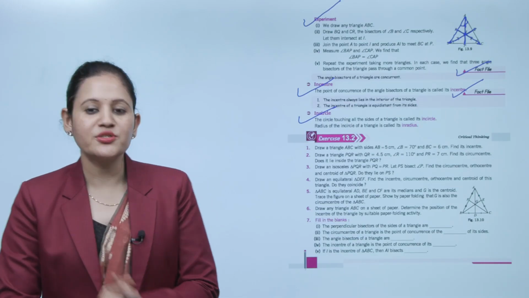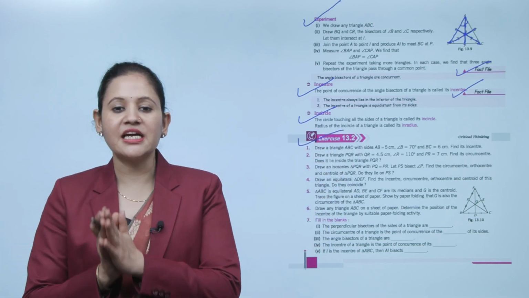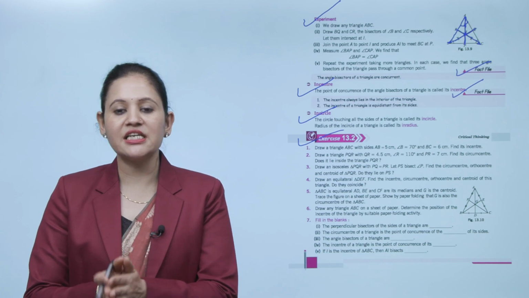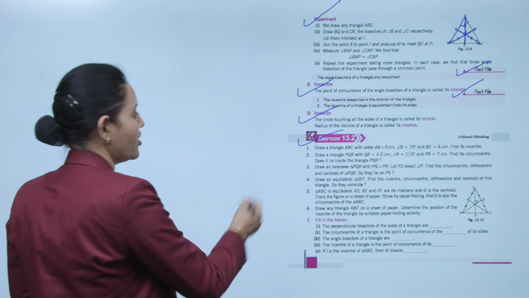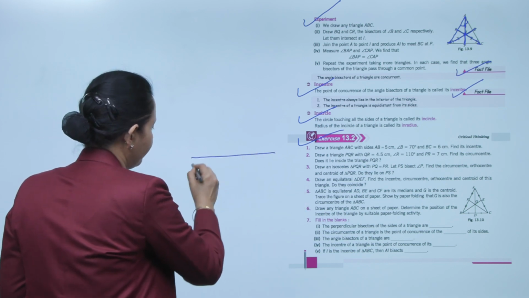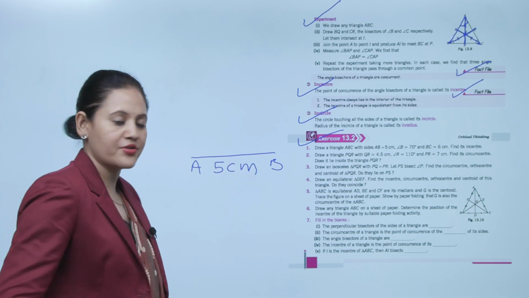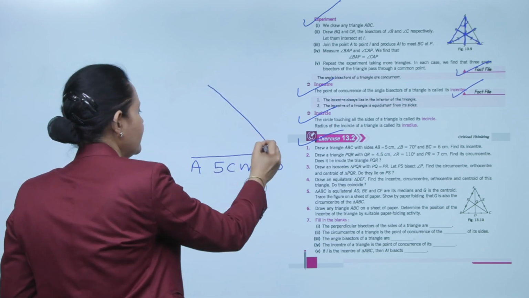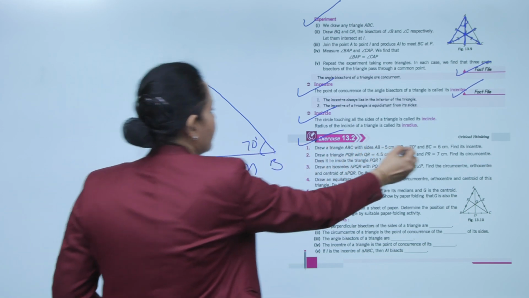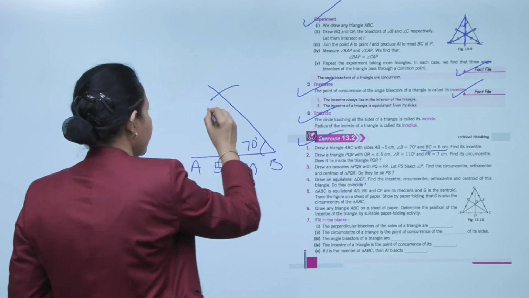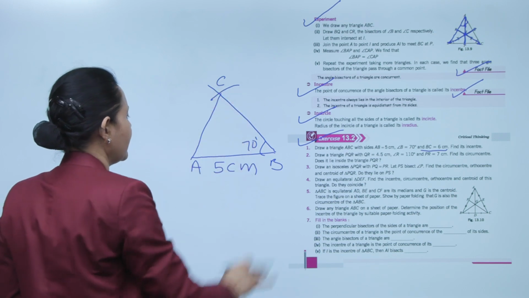Next is exercise 13.2. Draw a triangle ABC, side AB 5 cm, angle B 70 degrees and BC 6 cm, and find its in-center. So, first we will draw the side AB of 5 cm. At B we will draw an angle of 70 degrees. Now with B as center and 6 centimeter radius, we will make an arc, that is point C. Join C to A. This is our required triangle ABC.